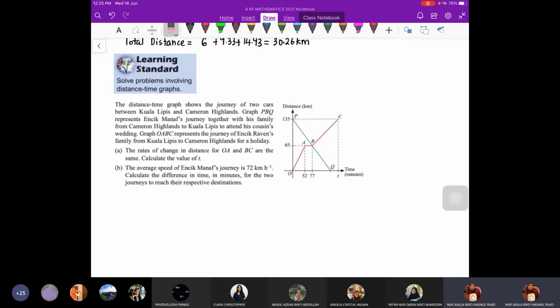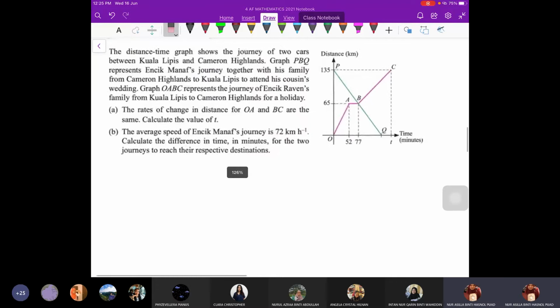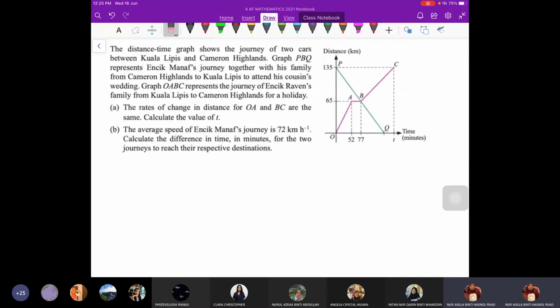Okay, dua yang berbeza. Okay, teacher akan pergi terus kepada soalan sebab dia solving problems. Okay, teacher ambil satu graph di mana you have 2 things going on. Okay, ada line merah, ada line hijau.